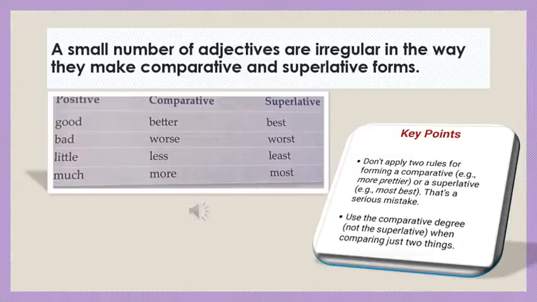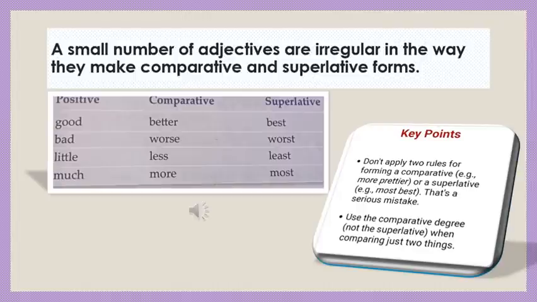Another key point that you have to note down: don't apply two rules for forming a comparative. Example given, "more prettier". Prettier is already the comparative form. Again, if we are using "more prettier", it will be wrong. Or for a superlative, "most best".